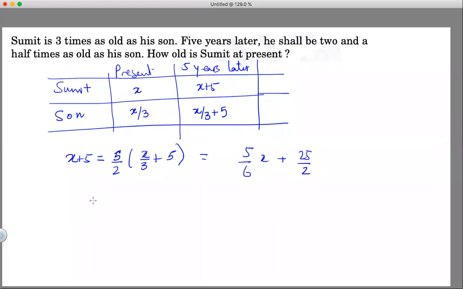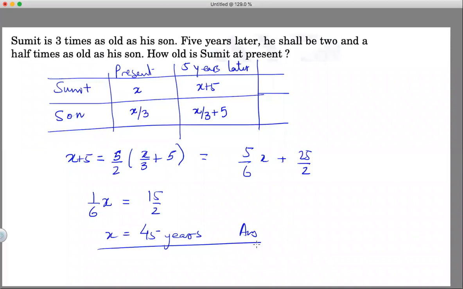So you can take it there. So 1 by 6x is equal to 15 by 2, so x is equal to 45. Okay, understood this question?